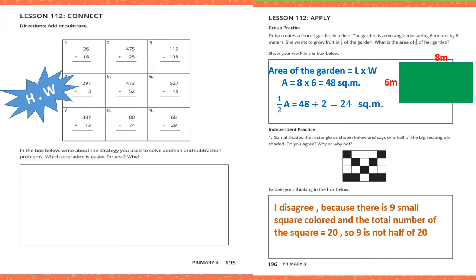If it is different or not the same, it will not be half. I disagree because there are 9 small squares colored and the total number of squares equals 20. So uncolored equals 11 and colored equals 9, so it's not half. So 9 is not half of 20.